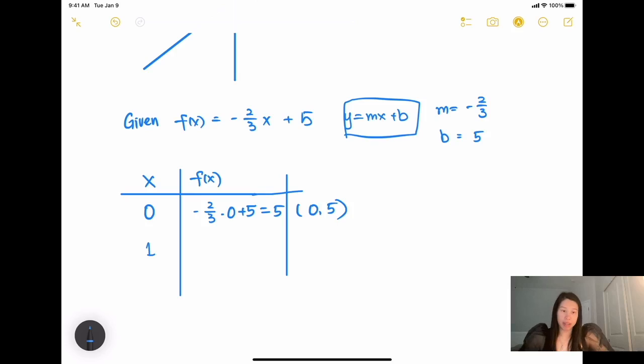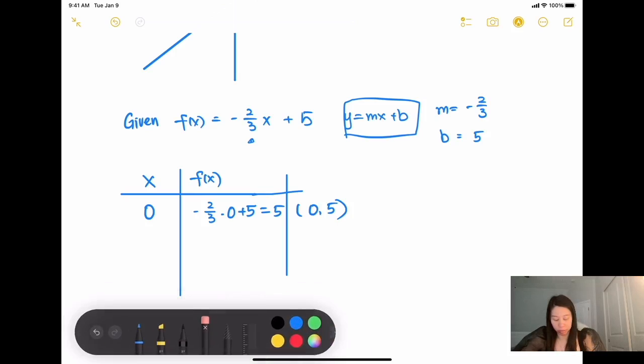But here's the tip. Since this is a fraction, we don't like fractions. So we need to think about, is there any number that I can multiply to get rid of the fraction? I want to get rid of the denominator. How do you do that? You multiply by the denominator, which is 3.